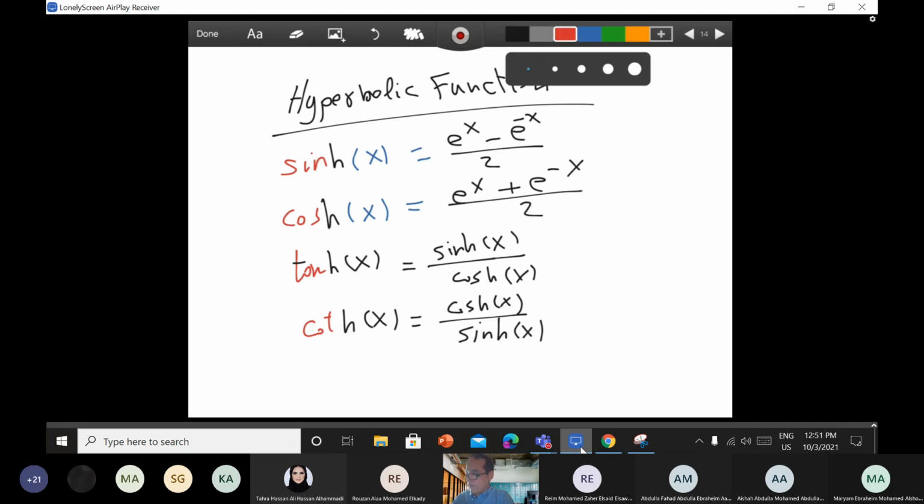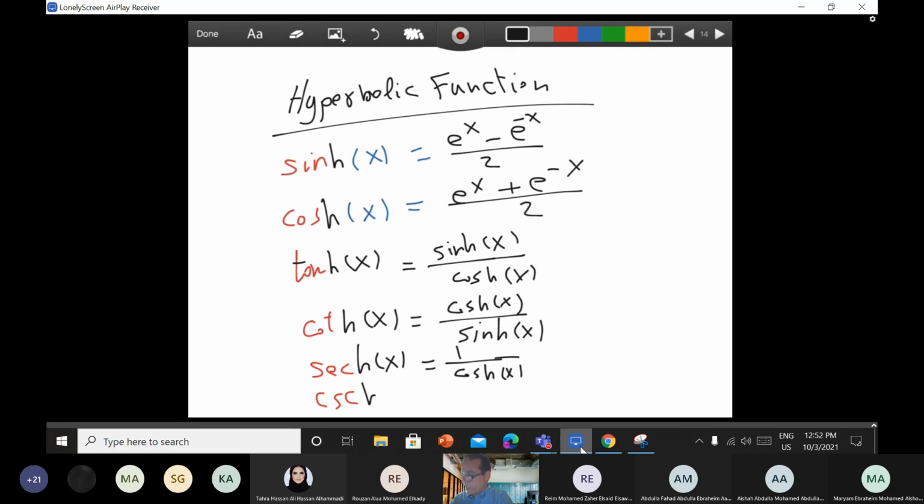Also I'm expecting to have hyperbolic sec, which will be 1 over cosh x, and hyperbolic cosec, which will be 1 over sinh. This is the basic hyperbolic function.